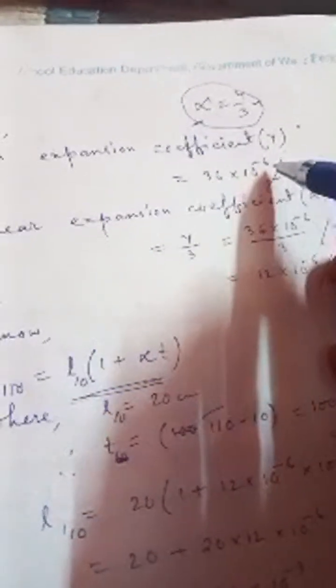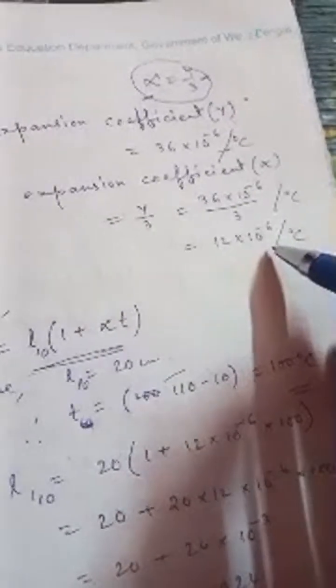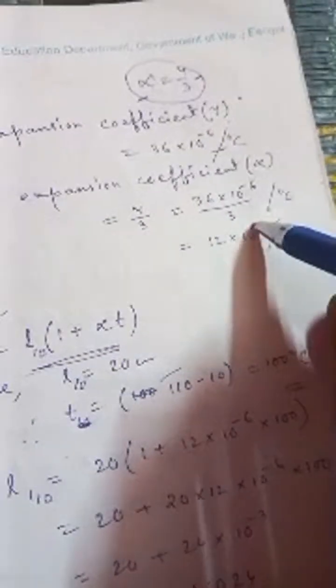So we just need to divide the volume expansion coefficient by 3. So 36 multiplied by 10 to the power minus 6 divided by 3, we get 12 multiplied by 10 to the power minus 6 per degree centigrade.